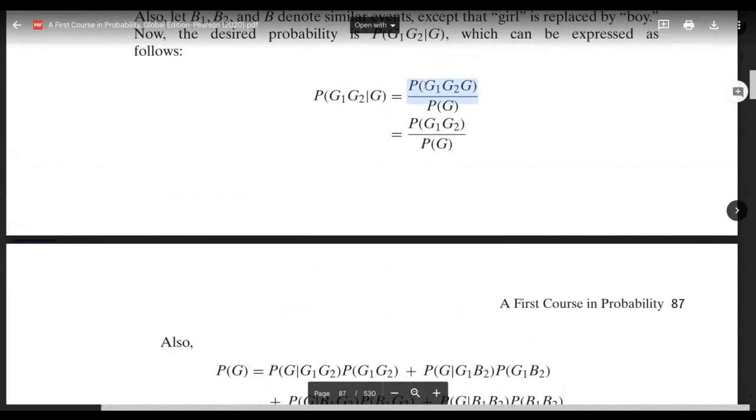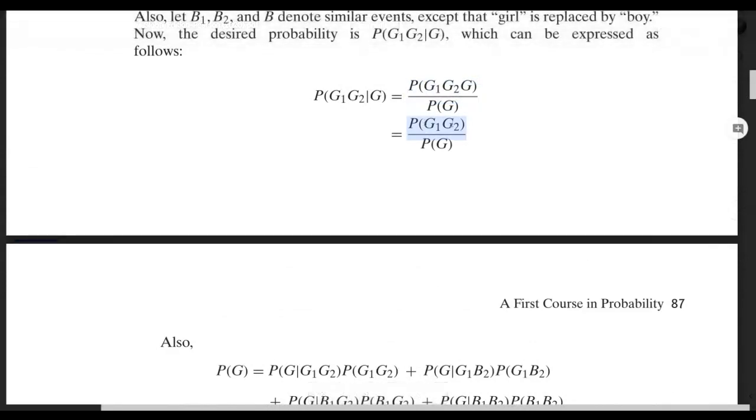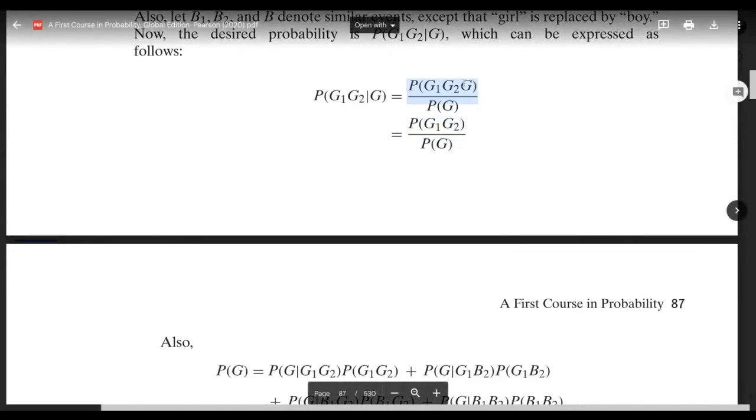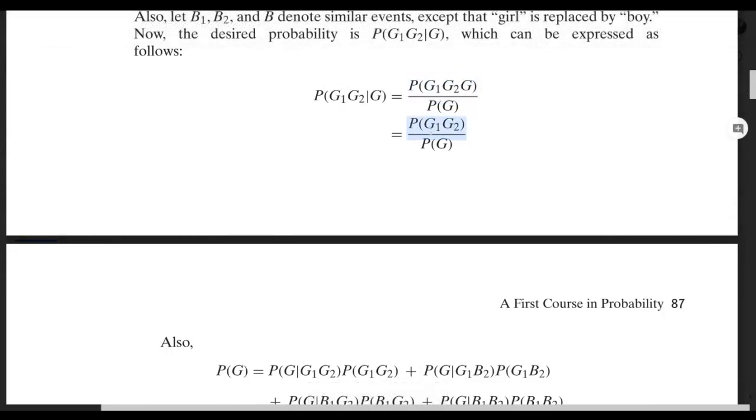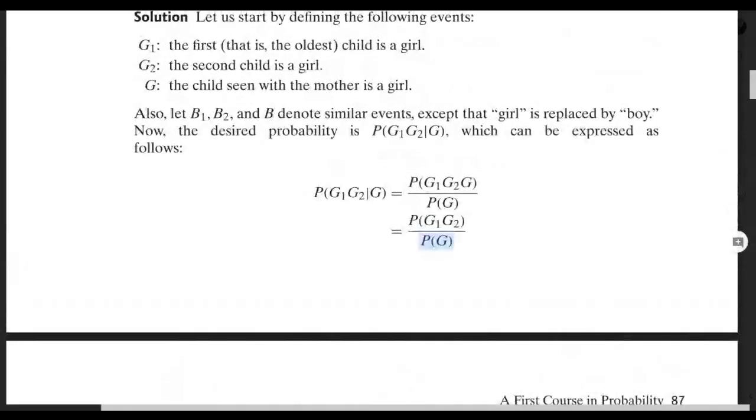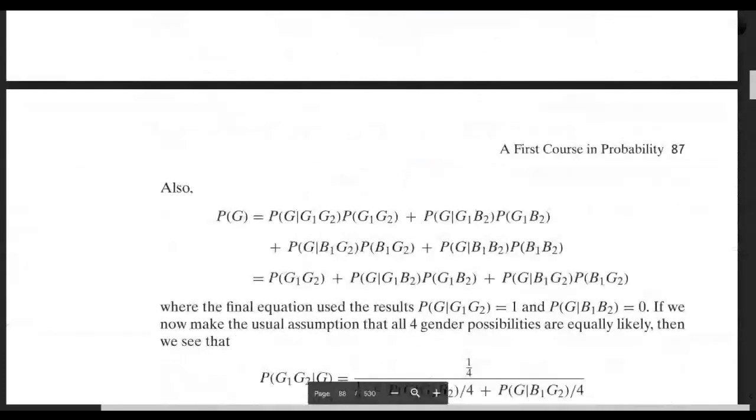This can be simplified. If the 2 children are girls, the child walking with her mother has to be a girl, so we can ignore this G. So it's the probability that the first is a girl and the second is a girl, divided by the probability that the one being seen is a girl.